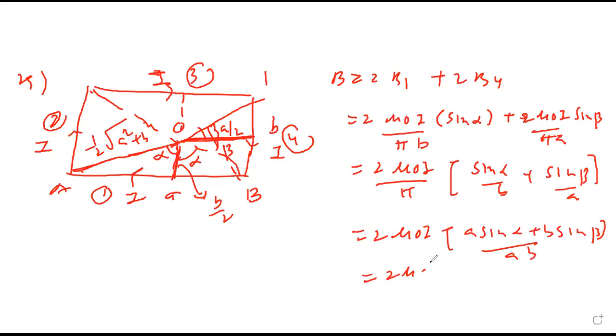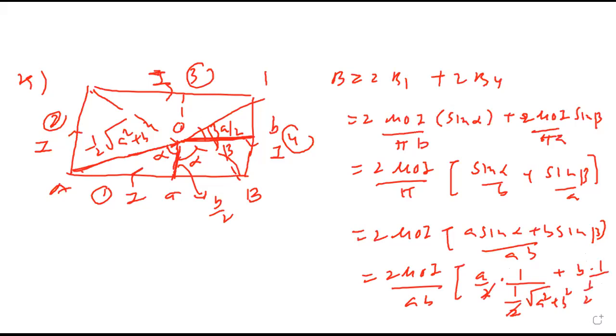Sin alpha is the opposite side, which is A by 2, divided by the hypotenuse, which is half of root A square plus B square. This 2 will get cancelled. Same way, B into 1 upon half of root of A square plus B square.